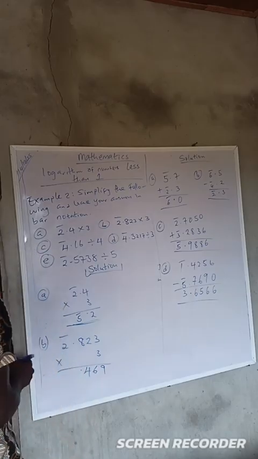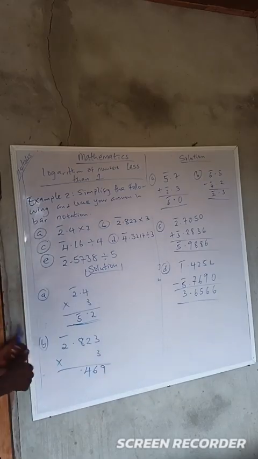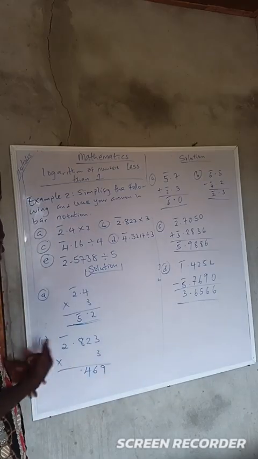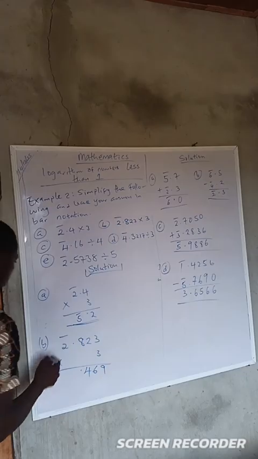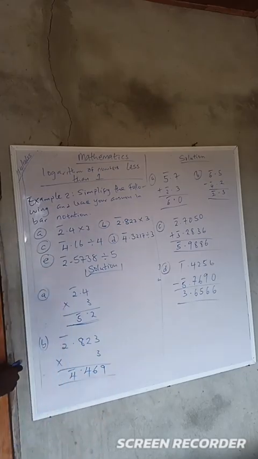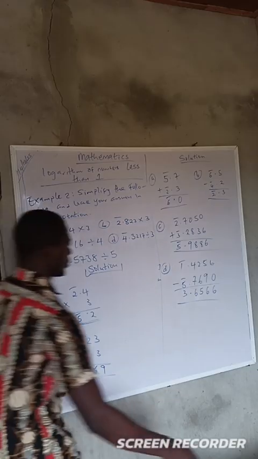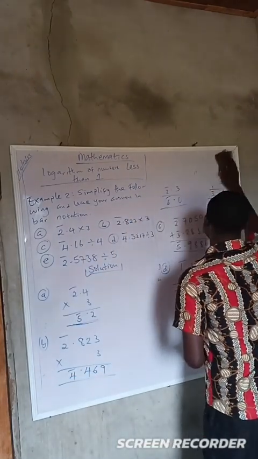Carry the 2. Then 3 times bar 2 is going to give us bar 6. Then add that 2 to it. Bar 6 plus 2 is the same thing as minus 6 plus 2. And that's going to give us exactly minus 4. And minus 4 in bar notation is bar 4. So our answer is bar 4.469. Let's take the division aspect now.